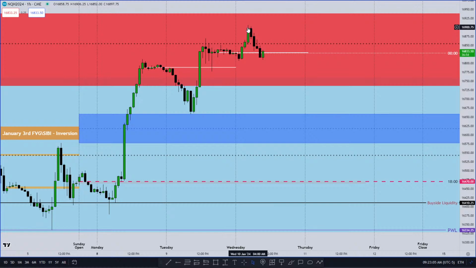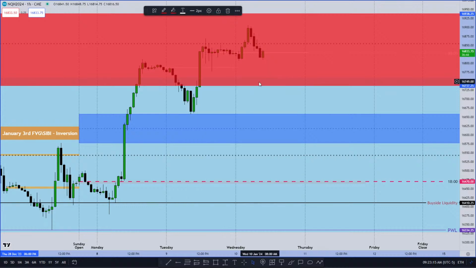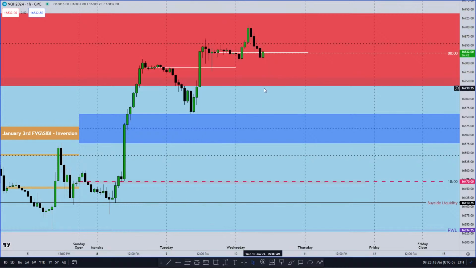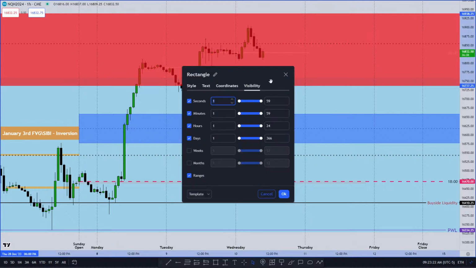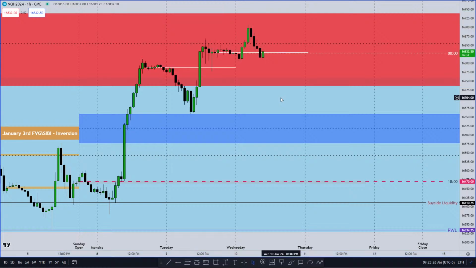So my draw is basically lower, down into at least this low of the January 2nd fair value gap, SIBI, which would be 16,737 and a quarter.